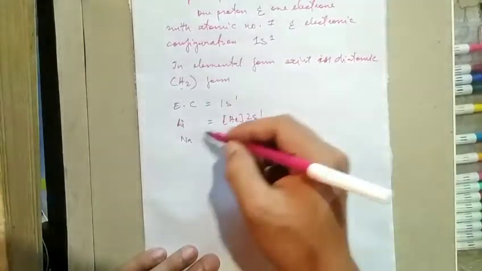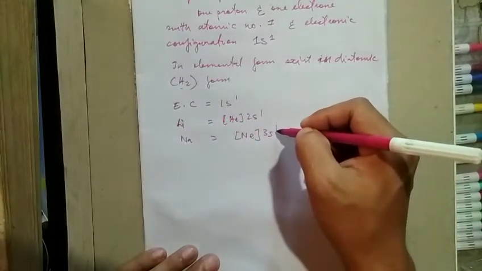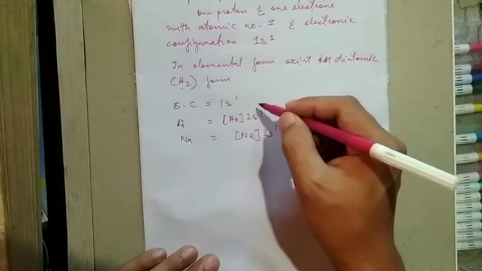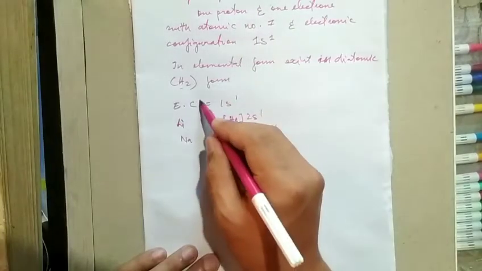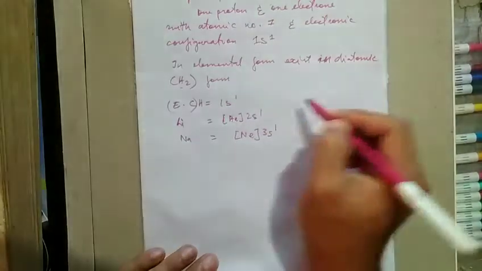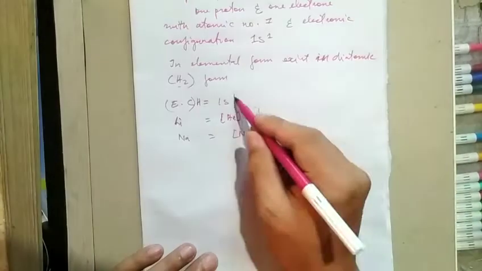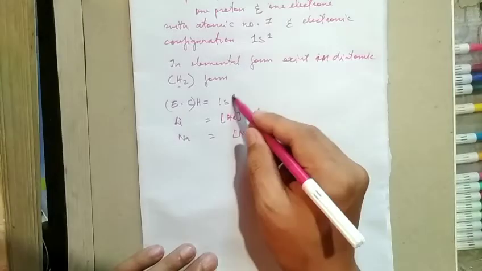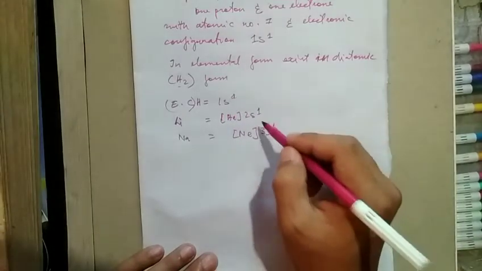For alkali metals also, the last electron enters the s orbital, even for hydrogen. So this represents one electron.